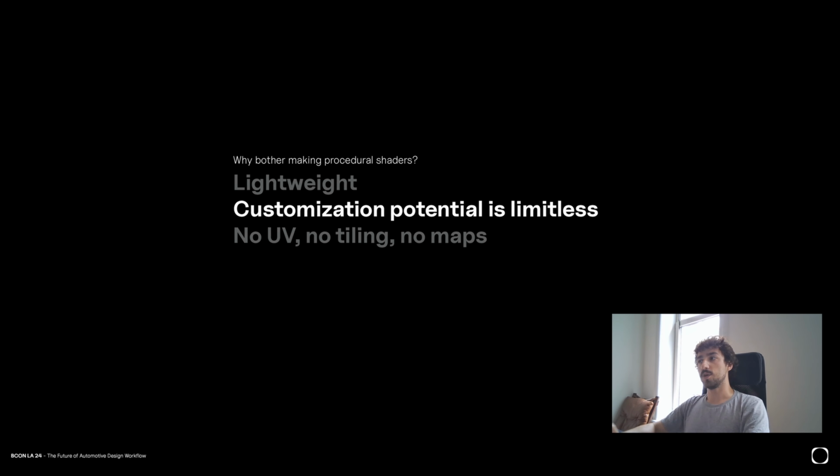But you can go very far, especially in the customization aspect, where you can create one shader that has some sliders and that will help you decide, this time the carbon fiber will be in this way, or I will want this pattern instead of that pattern, and you can just make everything evolve without having to plan what options you will have. If you would do that with maps, you would have different maps for different types of carbon fiber or things like this, whereas here you can simply have a slider, which is much more convenient and gives infinite possibilities.